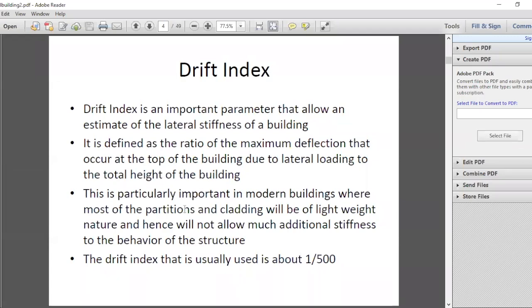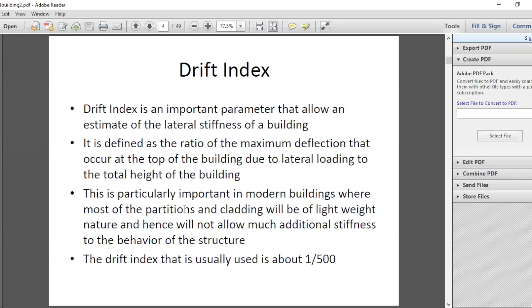And this drift index is very important in modern buildings. The reason is, in new buildings, generally, we don't go for permanent partitions, except in apartment buildings.